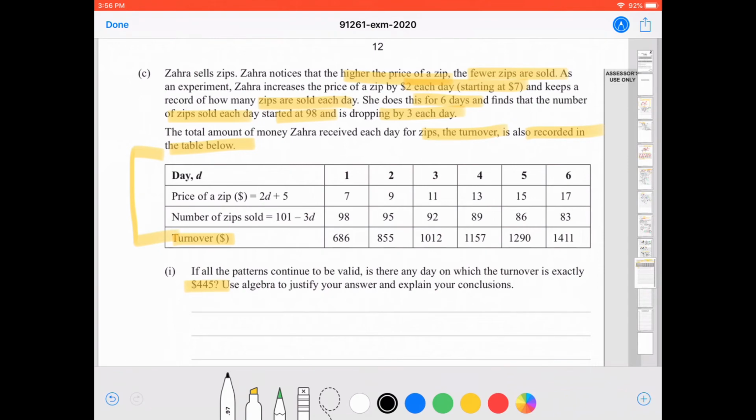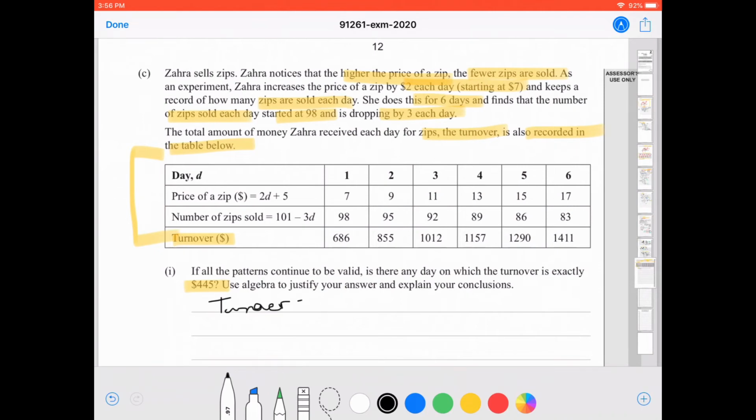And yeah, I believe that's the case. We can just check, for example, this line here. We could say 7 times 98 equals 686, okay? So, we can state an expression for the turnover.